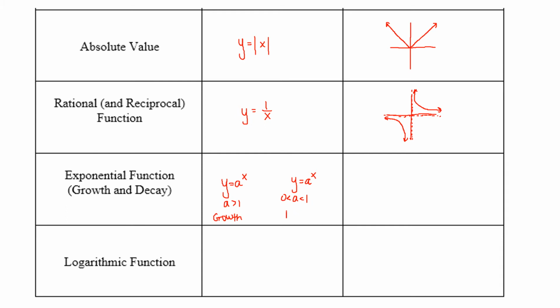And that's going to give us decay. So our exponential growth starts small and gets big fast. And then exponential decay starts big and gets small fast.